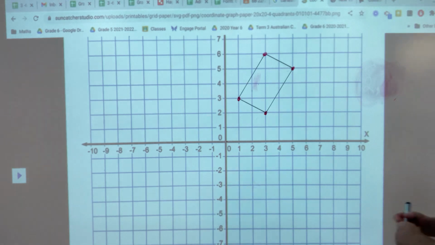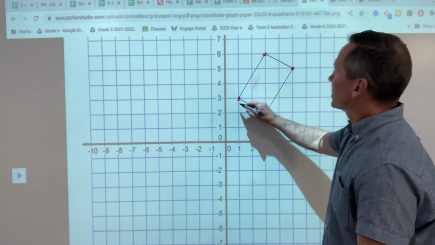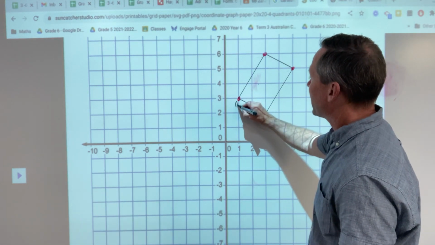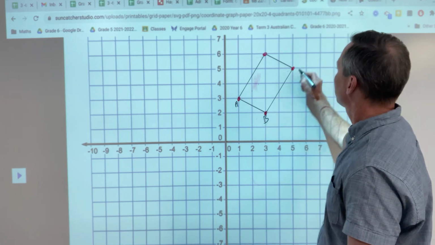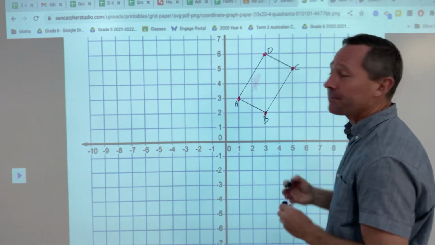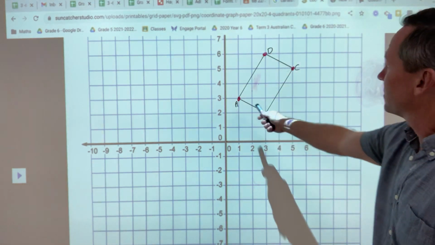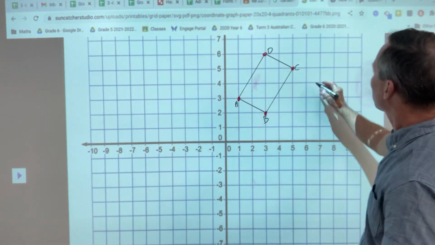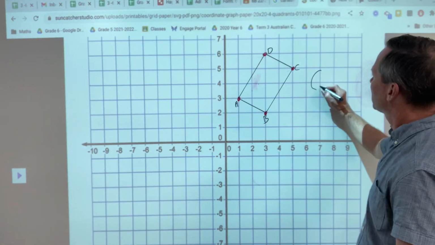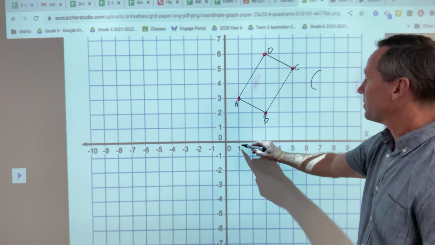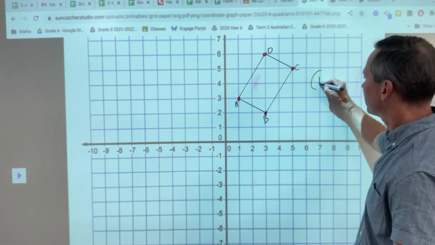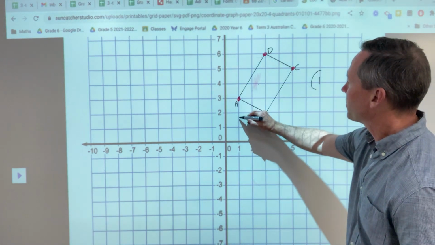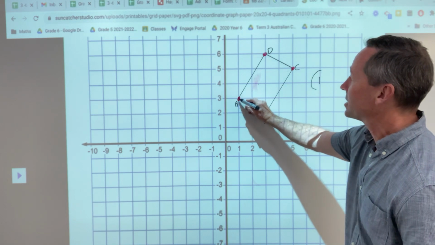Next step is I want to label them. So I might just label these coordinates A, B, C, D. In this case, I'll start with A, and I'll just put it over here. So A, I come across here, it's 1. I go up the Y-axis, and it's 3.